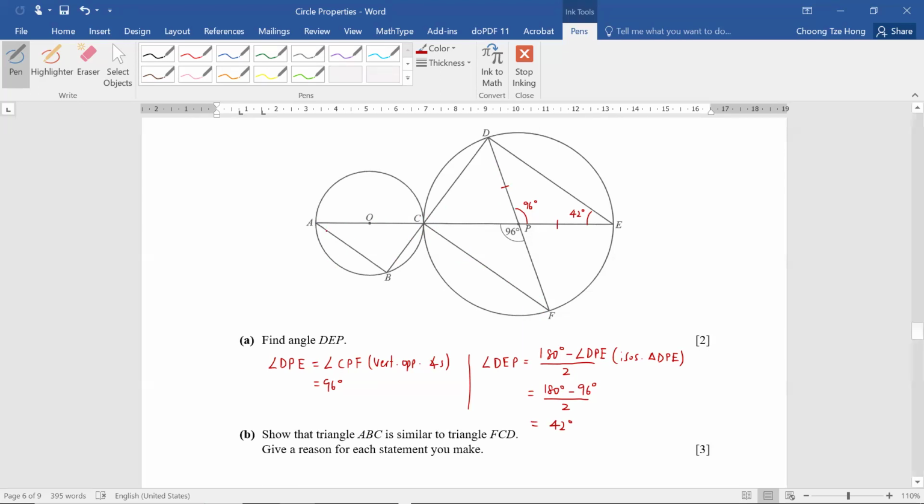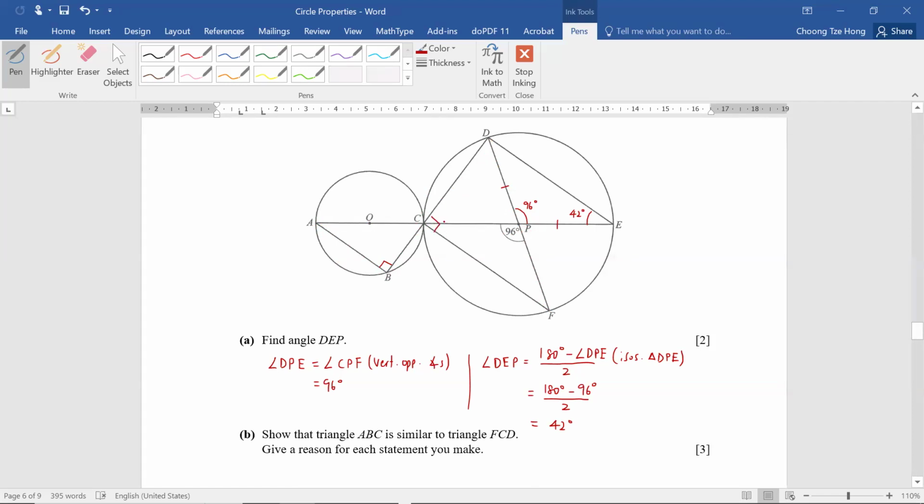If you look over here, we have diameters in both triangles because the chord AC passes through O. If you have a diameter, then the first thing you think about would be a right angle in a semicircle. So indeed, the right angle in a semicircle for the small circle will be over here at angle ABC, and for triangle FCD, the chord DF passes through the center P. So the right angle in the semicircle will be over here.